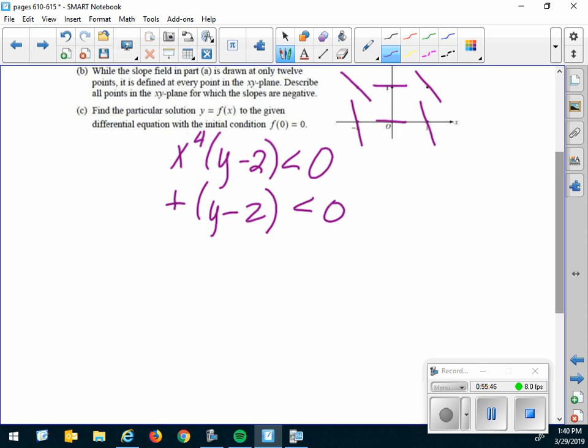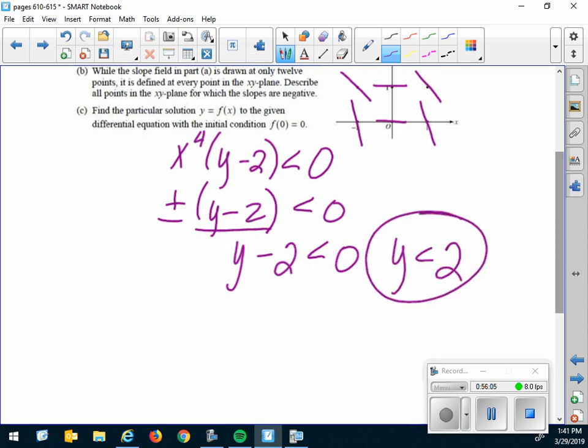Why? How come? There you go. We know that y minus 2 has to be less than 0 because a positive times a negative is negative, which means y has to be less than 2. So describe all points in the xy plane for which the slopes are negative.